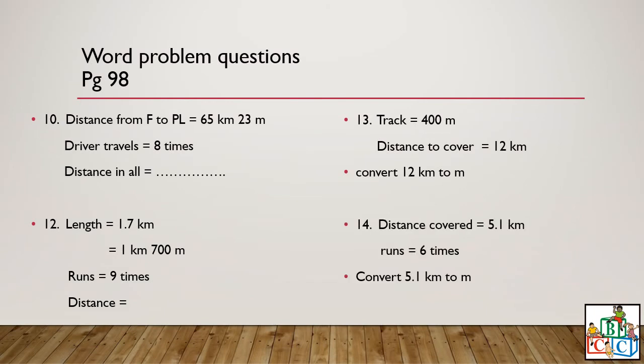The distance covered is 5.1 kilometers. He runs 6 times. But you have to find the length of the race track. You have to convert 5.1 kilometers to meters first, and then you're going to do your calculation. Your answer will be in meters.